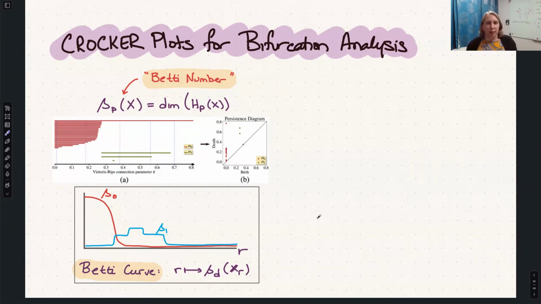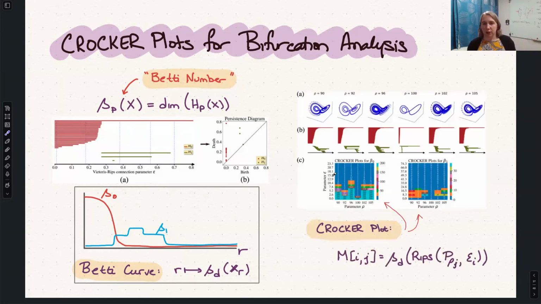All right, so this still gets me an integer-valued function. Sorry for my little questionable picture. But the idea is that for each of those bifurcation parameters, I can come up with one of these and stick them together. This should look a bit like what my Euler characteristic curve, or Euler characteristic transform, was doing before, but it's a slightly different analysis. So my Crocker plots have my changing parameter on the bottom, and my epsilon parameter for my persistence diagram on the left.